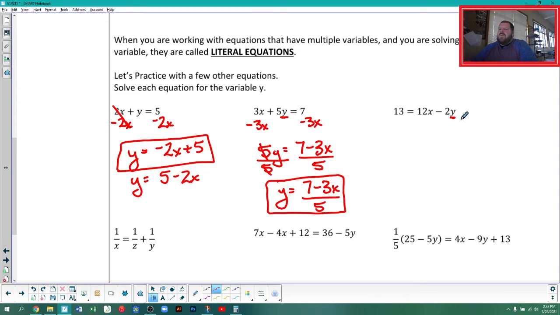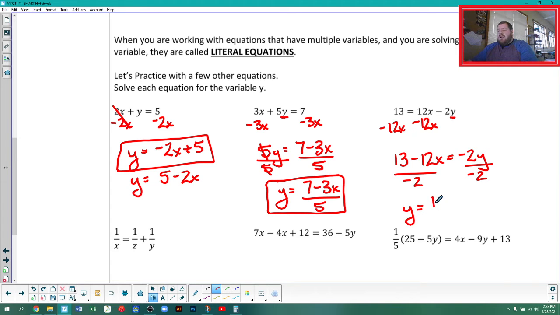Again, I want to solve it for y. I'm going to subtract the 12x. I'm going to move that 12x over. So let's say over here I have 13 minus 12x. And over here I have a negative 2y. I want to divide by negative 2. And I'm going to move my y over here. That doesn't really change anything.